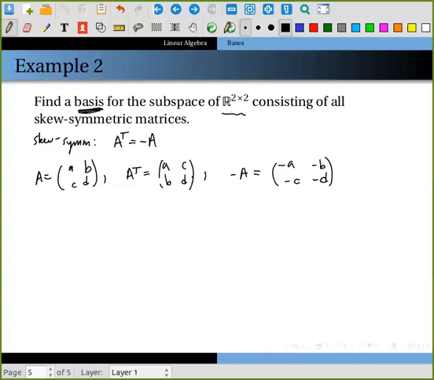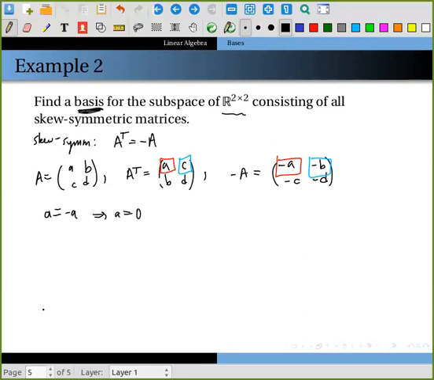For the matrix to be skew symmetric, we have to set these two things equal to each other. For that to work in a matrix, we have to do it component by component. So we set all these components equal to each other, and see if we have any criteria on these entries. First of all, A has to equal minus A. So that forces A to be 0.